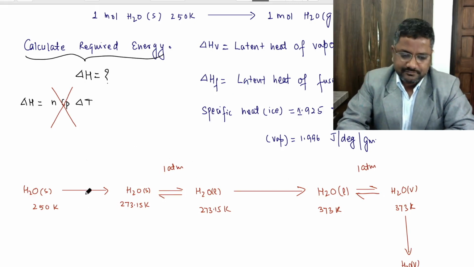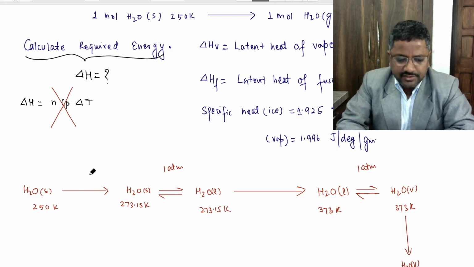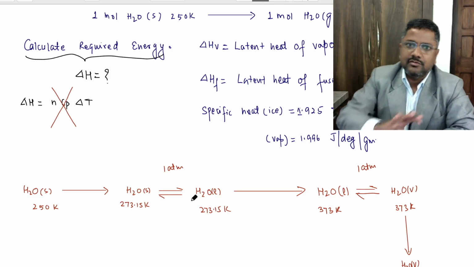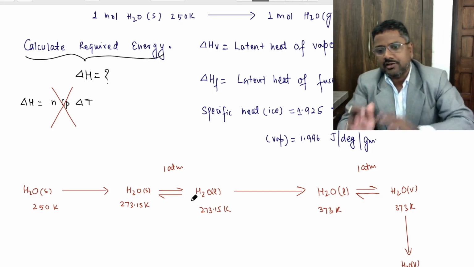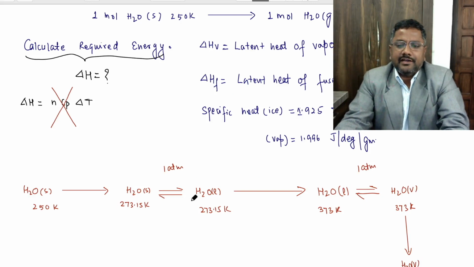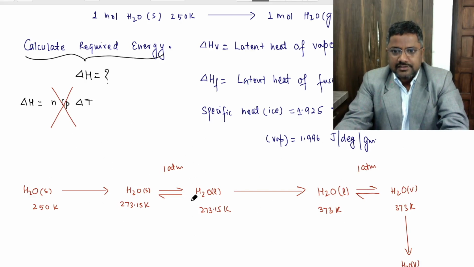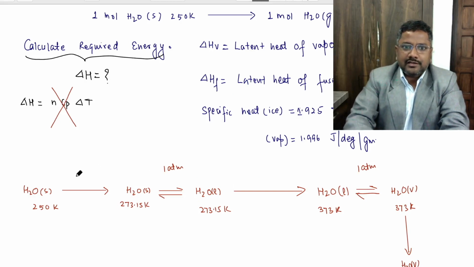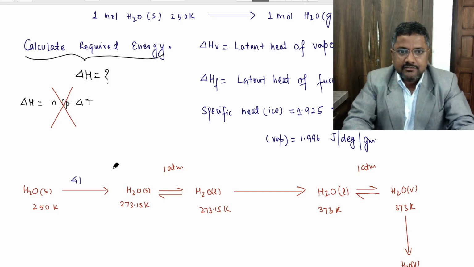This formula will work in a single-phase case, no problem, but it will not work here. So every time you have such problems, you have to think scientifically about what is happening, how many steps we can design for that complete transformation of matter in the system, and then add all those steps. So here delta H1, suppose that heat is involved.